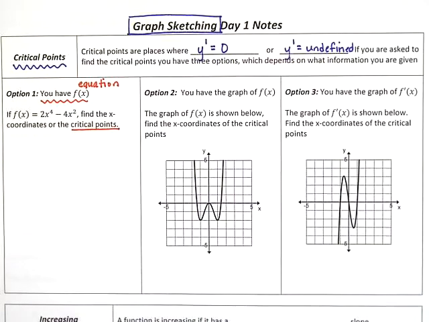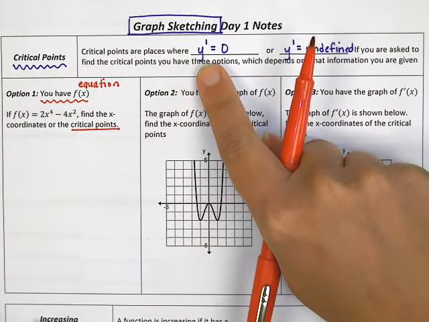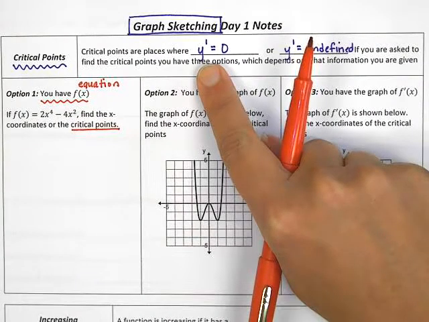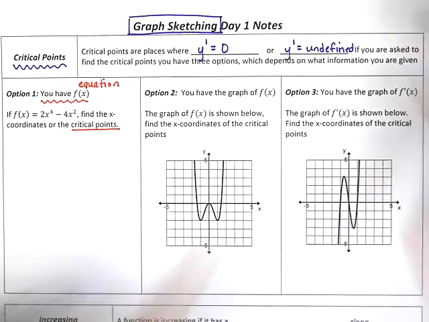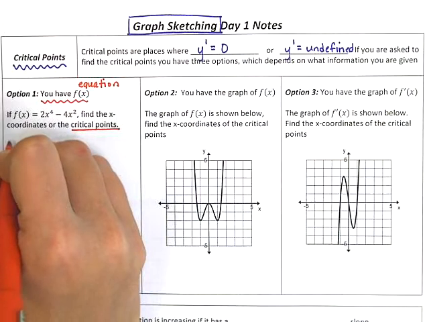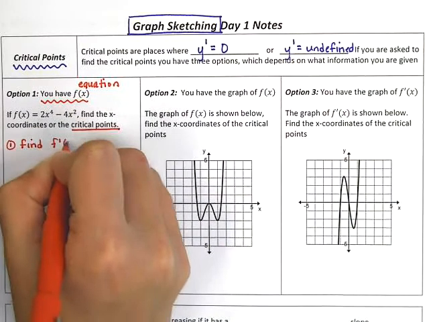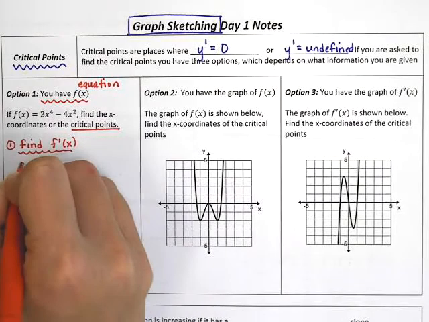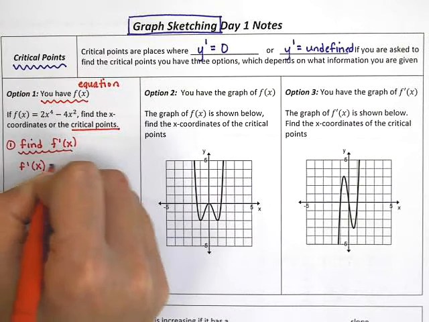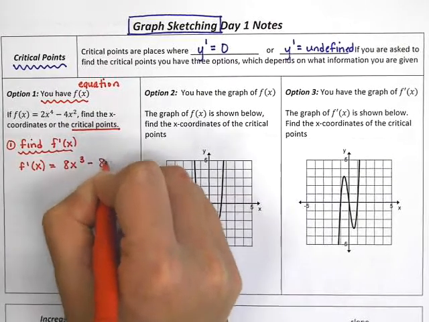So when we have the f of x function and we're looking for the critical points, what we need to do first is find the derivative, because the critical points are the places where the derivative is equal to 0 or the derivative is undefined. So step 1 would be find f prime of x. So in this problem, f prime of x would equal 8x to the third minus 8x.